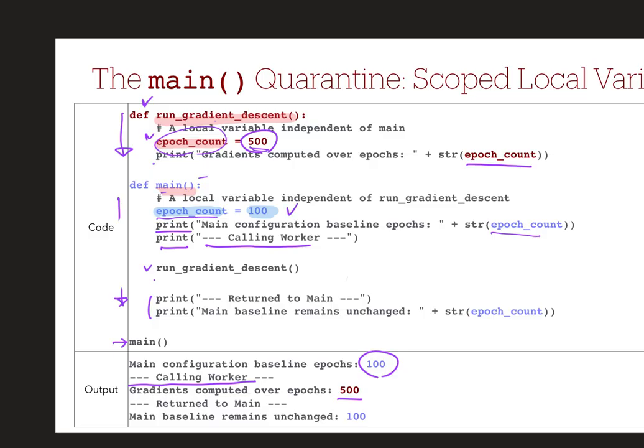So when a variable is created or destroyed in some other function, this epoch count of the main function still has the value 100. So right after the execution of this function, if you print the value of epoch count within the main function, that value is still 100.